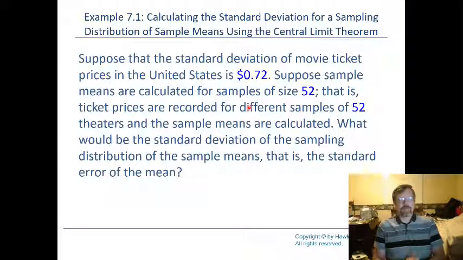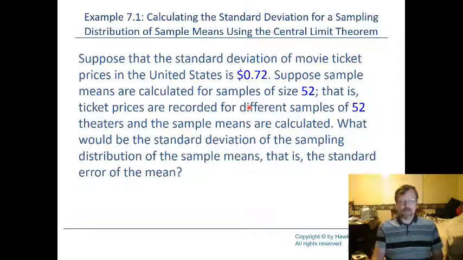And our sample size that we're calculating means from is 52 theaters. So we record ticket prices for 52 theaters, calculate the mean, look at the next 52 theaters, calculate the mean. What is the standard deviation of the sample means then?